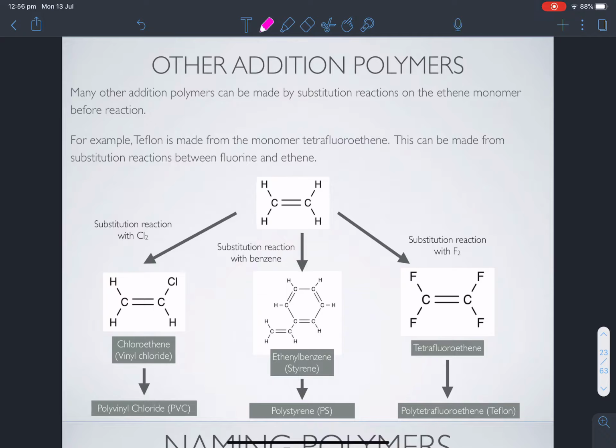Uses: non-stick surfaces on cooking equipment. That is most commonly where we come across it. Also coatings. If you put Teflon in there, it becomes stain resistant. Stuff doesn't want to stick to it. It sticks to itself preferentially. So, stain resistance coatings. I'd say the paint industry has started to use it as well.